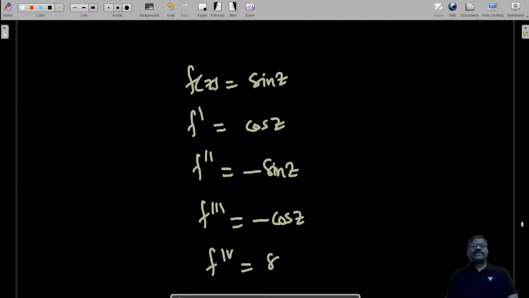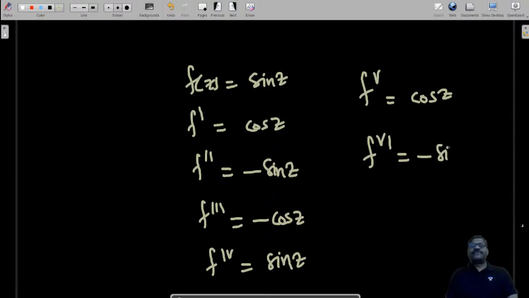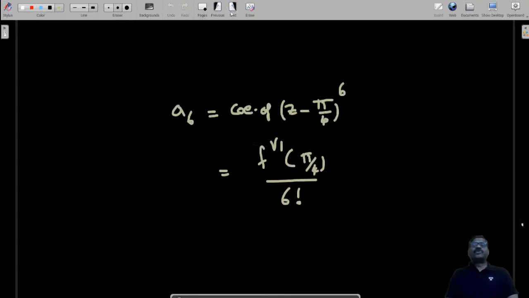Fourth derivative of f is sin z. Fifth derivative of f is cos z. Sixth derivative of f is minus sin z. Sixth derivative of f at pi by 4 is minus 1 by root 2.